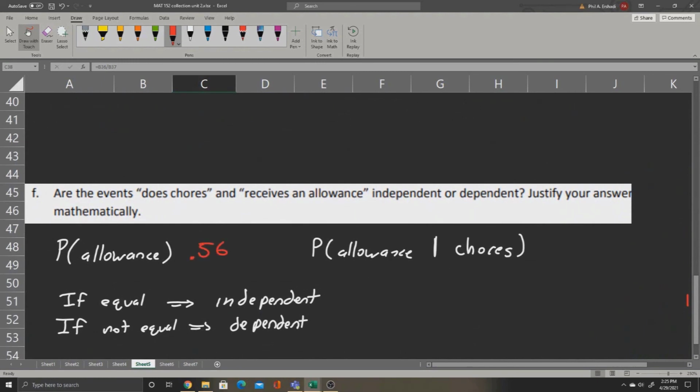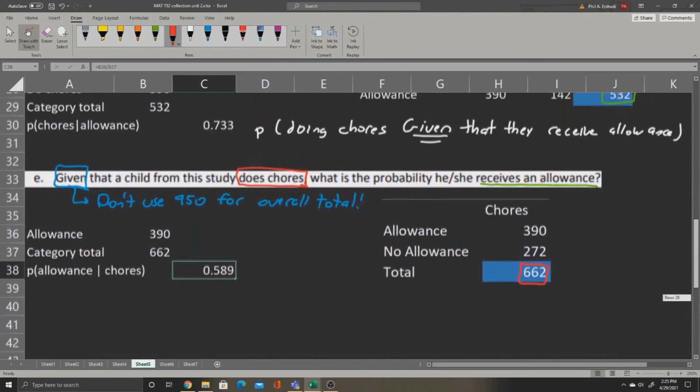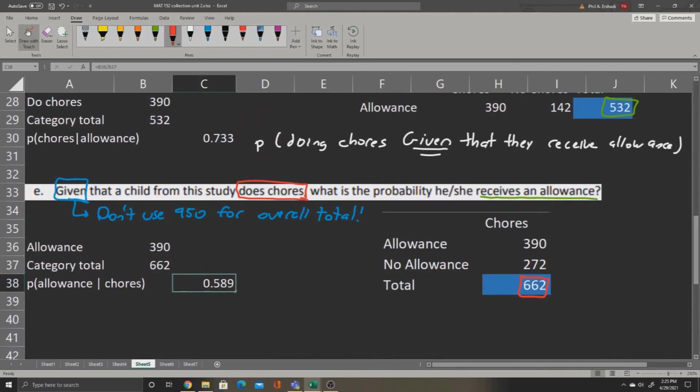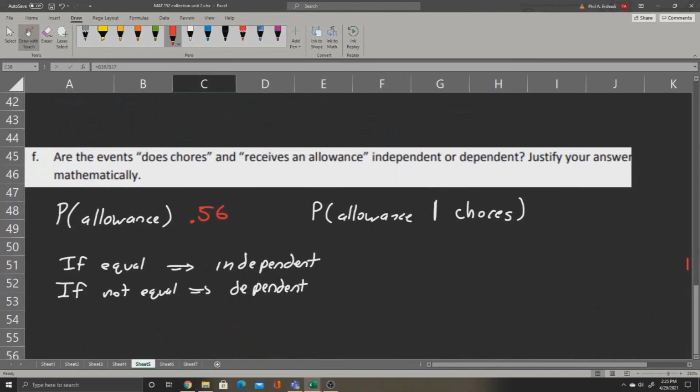Let's also look at the probability of getting an allowance given that the child does chores. We calculated this in part E, and we found that the probability is 0.589. Now we can see that the probabilities are not quite the same.